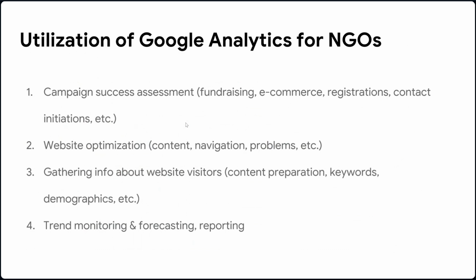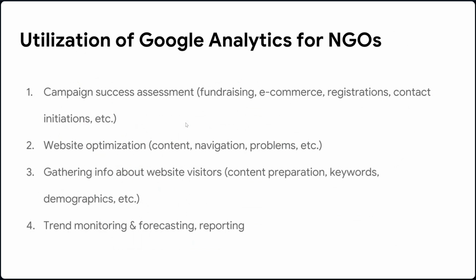Now, I've sort of talked about this already, but what are the scenarios where NGOs use Google Analytics? Most typically they use it for assessment of campaign success, various campaigns, right? So depending on how you configure your conversion goals, you can track all sorts of campaigns. You can use it for website optimization.